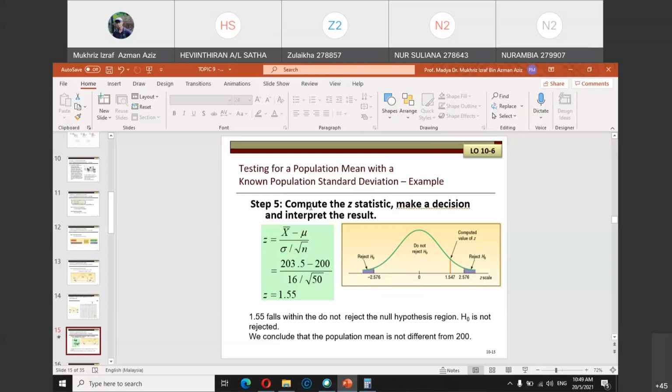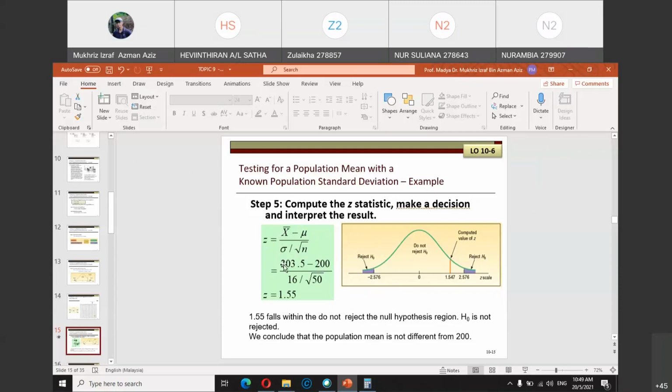Then step number 5, calculate the Z value, the Z stats, and then make your decision. So what is the formula that we are going to use? Either Z or T, the formula will be more or less the same. X bar minus mu divided by standard error, sigma over square root of n. So you just plug in the values that you extracted from the question.